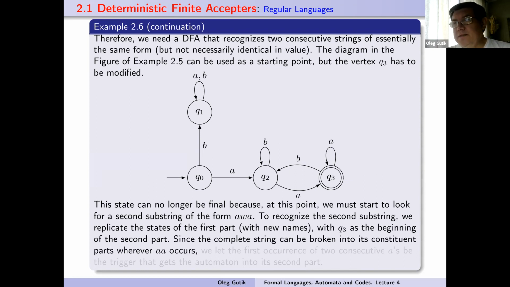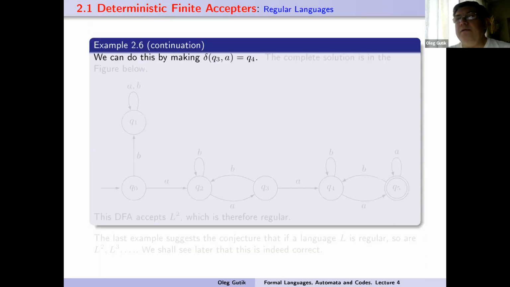Hence, the complete string can be broken into its constituent parts whenever AA occurs. We let the first occurrence of two consecutive A's be the trigger that gets the automaton into the second part. We can do it by making delta of Q3 and A equal to Q4.